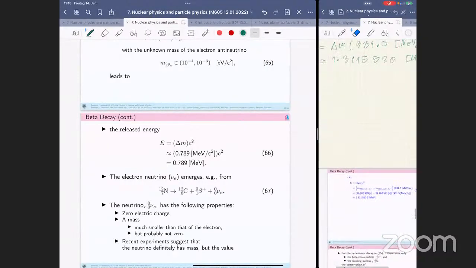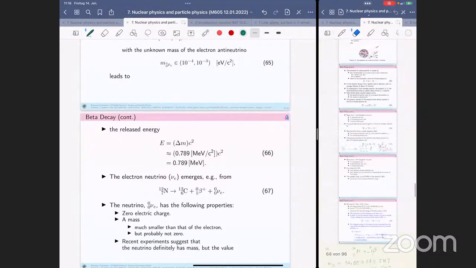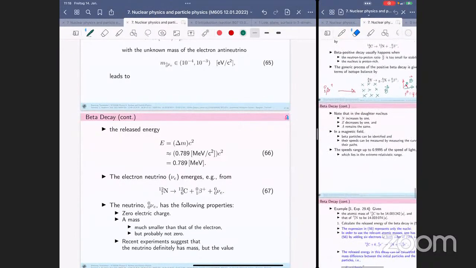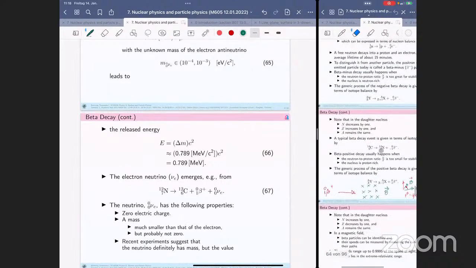In the example, we consider carbon to nitrogen, right? But in the opposite way, nitrogen can also be converted to carbon by throwing away one positron, which is a beta plus process. In this beta plus process, there should also be an electron neutrino, so that the momentum and energy are conserved.